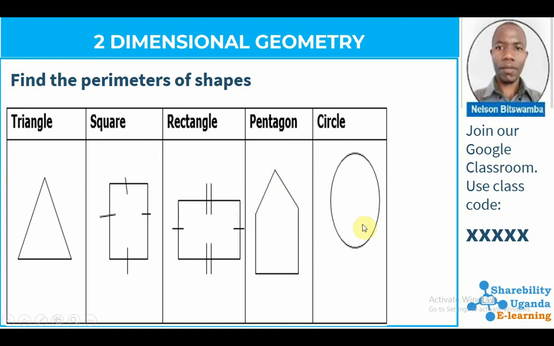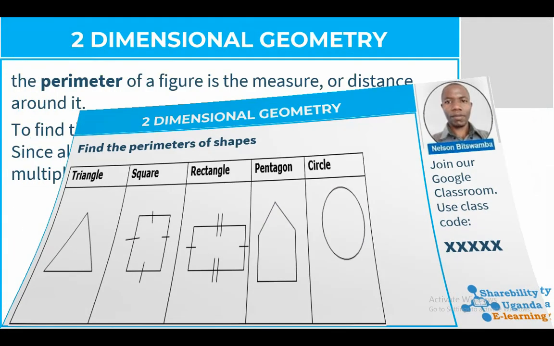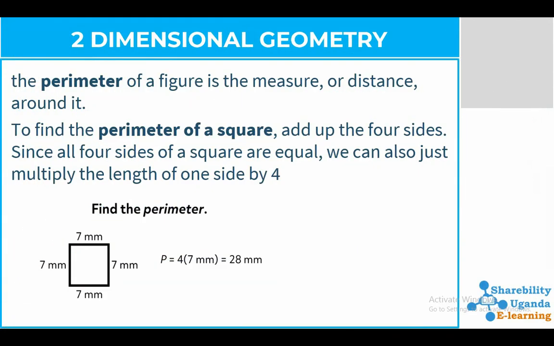So in today's video, we shall look at the perimeters of these figures. If you are told to find a perimeter, first of all, what does it mean when they talk about a perimeter? Someone with an idea of defining what a perimeter is?